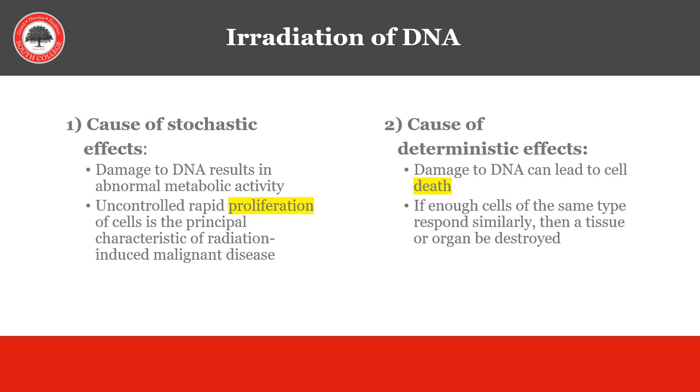Cataracts result in opacity of the lens of the eye, so that tissue is being destroyed. In the case of decrease in sperm count, there's a loss in sperm count within the male. It can also be that you could have a loss of menstruation within a female with the exact same radiation dose. That was studied as well. So that's the cause of deterministic effects, cell death.